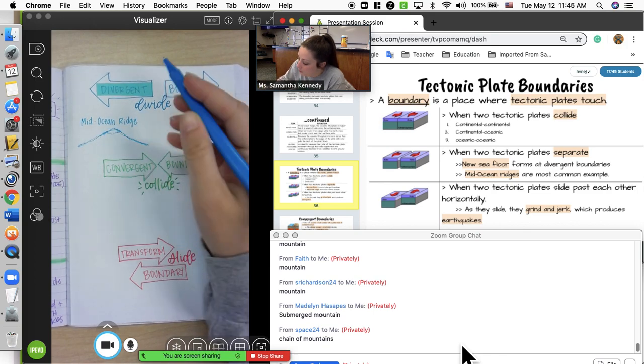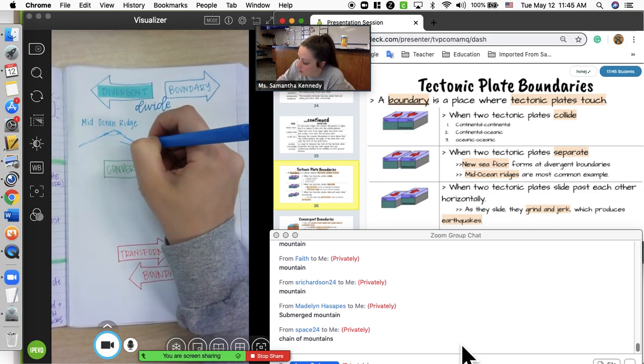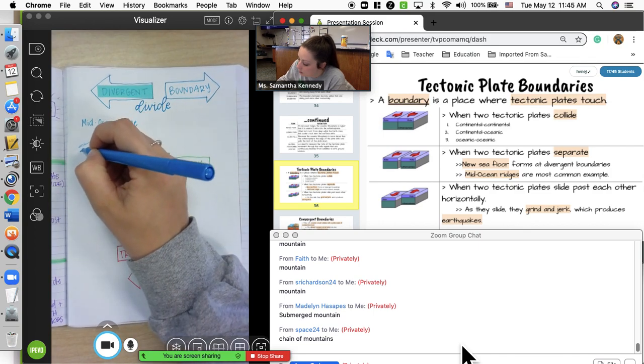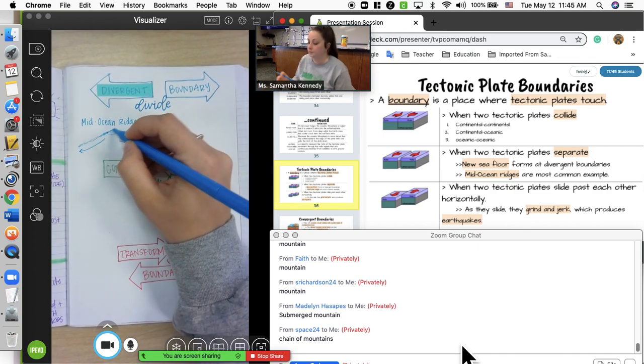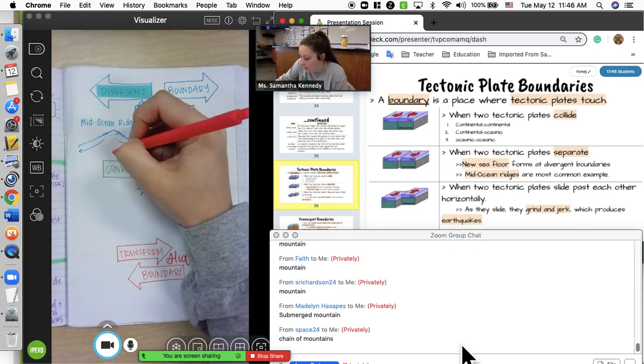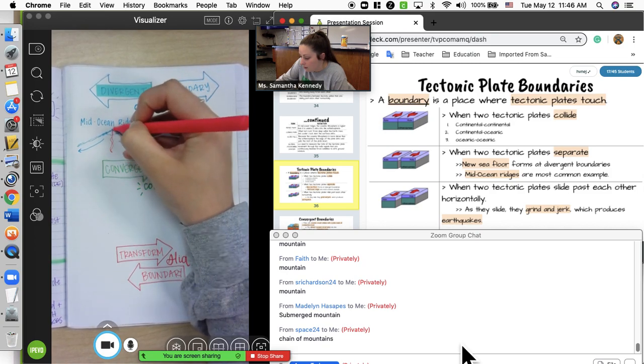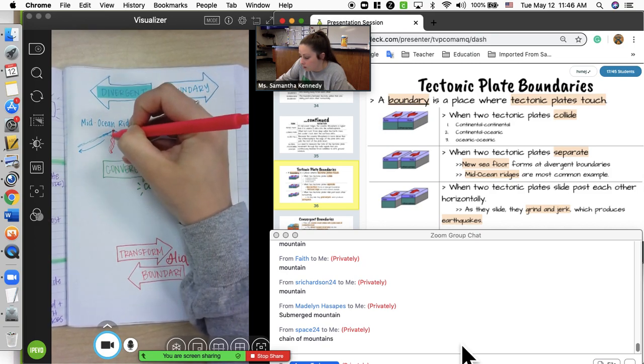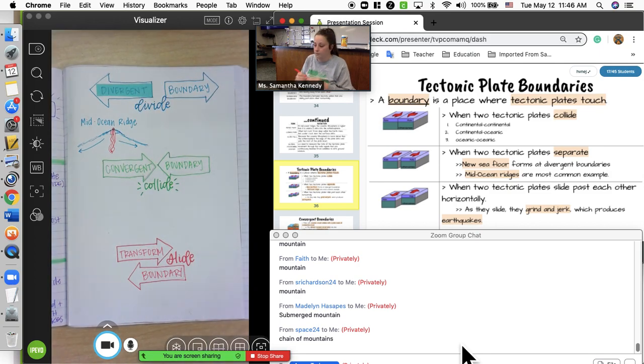And then we know that these go outward. In the magma rises. And what does that create?